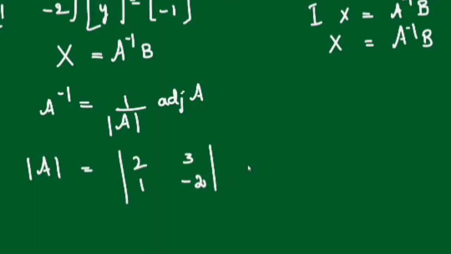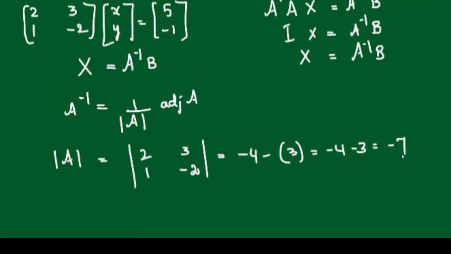How do you find the determinant? Cross multiply. You have learned this, isn't it? Multiply 2 into minus 2, minus 4, minus, multiply this 3 into 1, 3. So that is equal to minus 4 minus 3, minus 7.